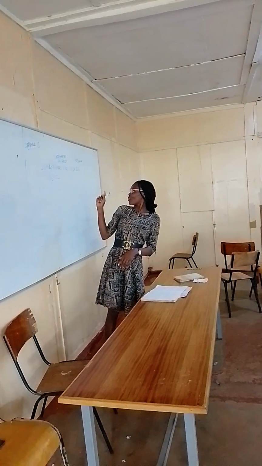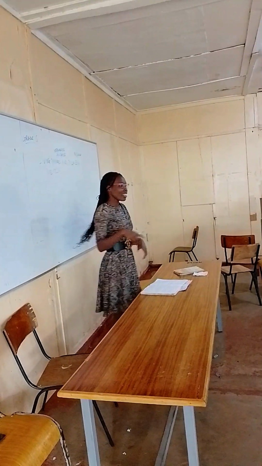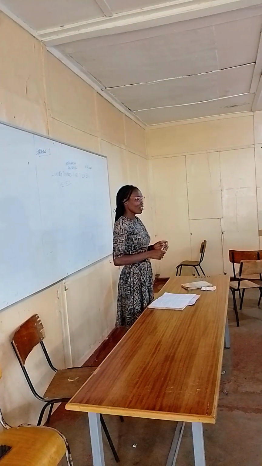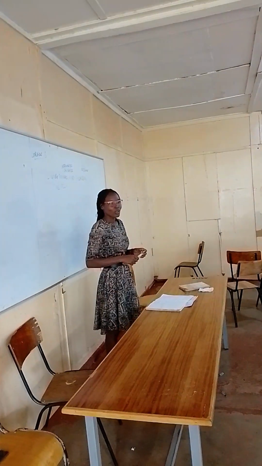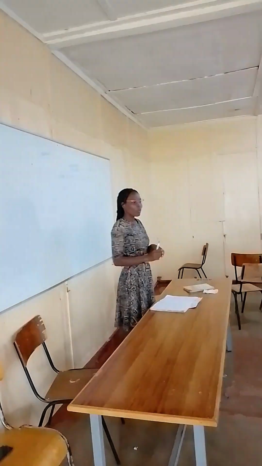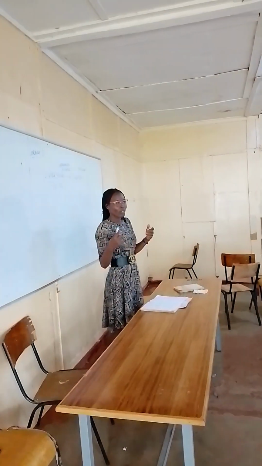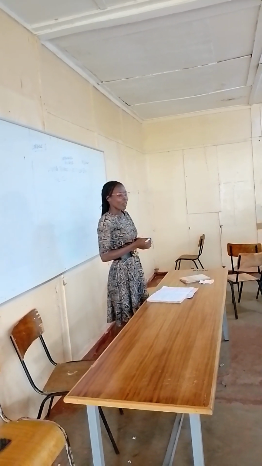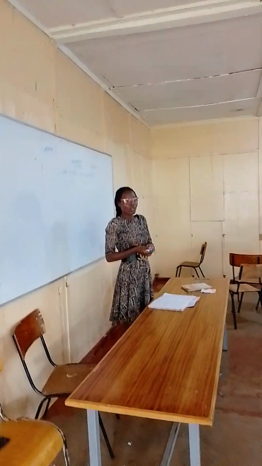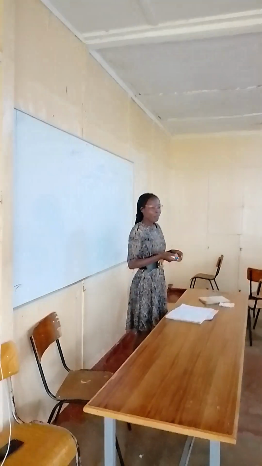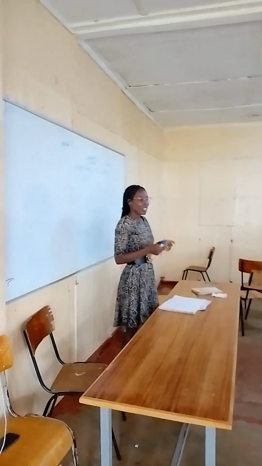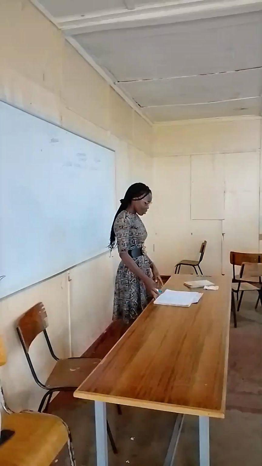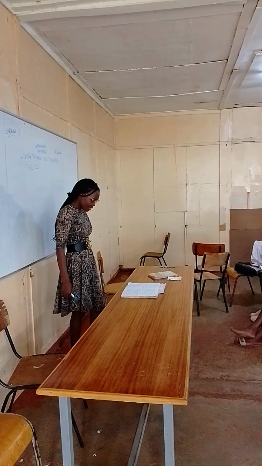So in grade 8 we will deal more with the cell, and by the end of this lesson you should be able to know some components which are seen under the light microscope, identify them and their functions, and also know how to differentiate between animal and plant cells.